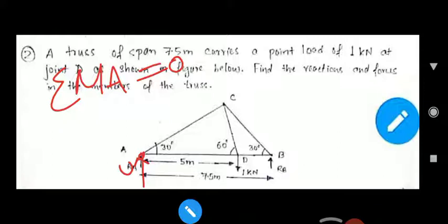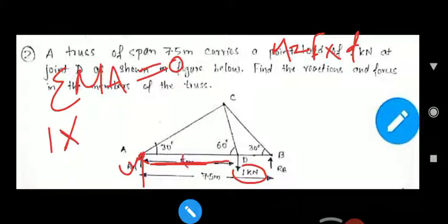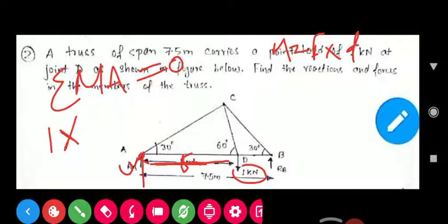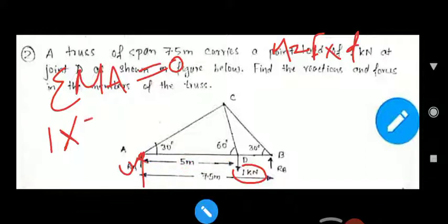So the next force is 1 kilonewton, so we will take the moment of this 1 kilonewton force about point A. So we know that moment is force into perpendicular distance. So what is the force here? Force is 1. And what is the distance of this force from the point A? It is 5 meters. Okay, it is given in the question, 5 meters. So 1 into 5.